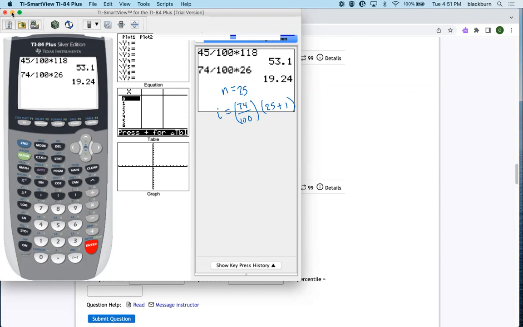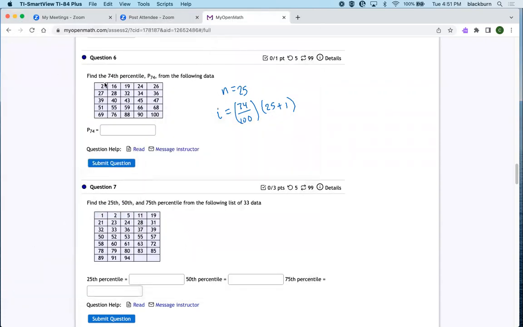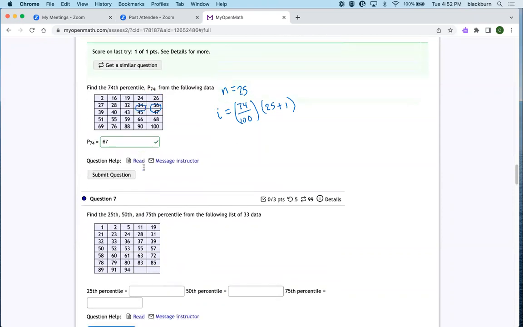So 5, 10, 15, 16, 17, 18, 19 is going to be this value right there. And the 20th would be that value right there. So in theory, halfway between those numbers should be correct. So 67 should be correct.